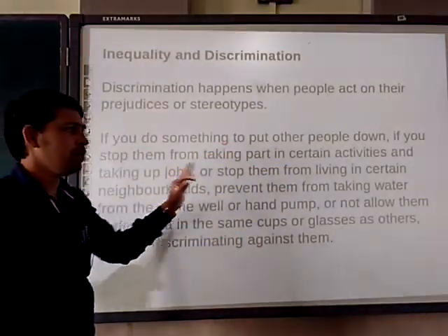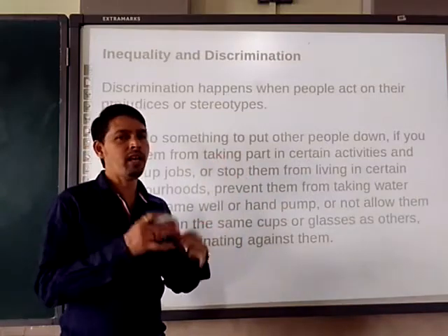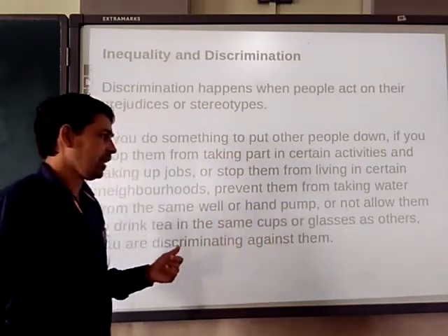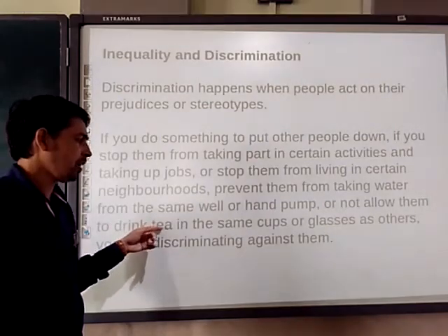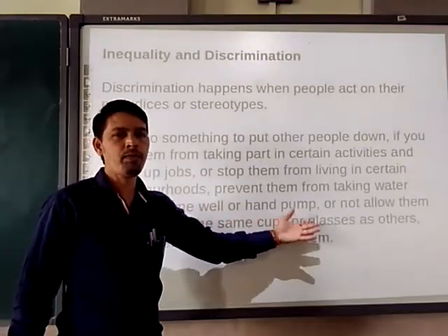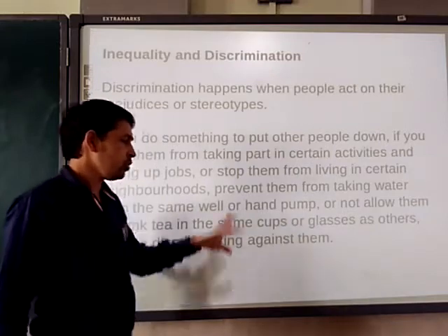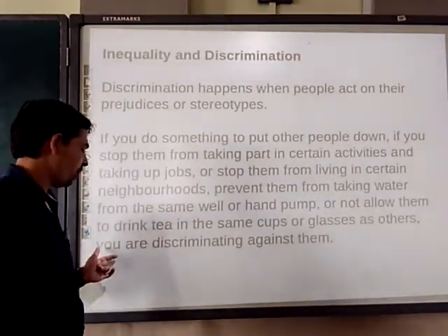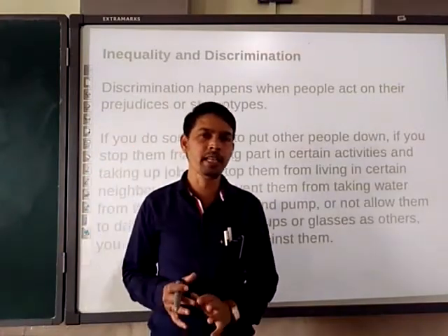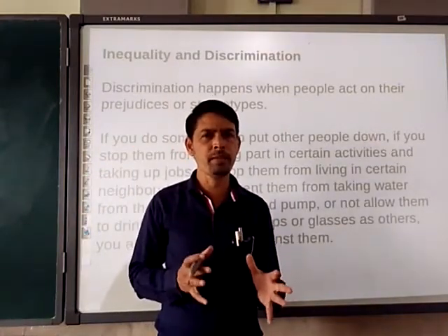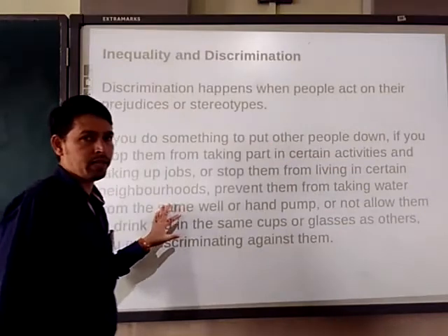Then, preventing them from taking water from the same well all the people are using. Then, not having tea from the same cup or glass. So finally, all this is about discriminating against them. If you are discriminating against somebody, these are the many points you are covering, right?